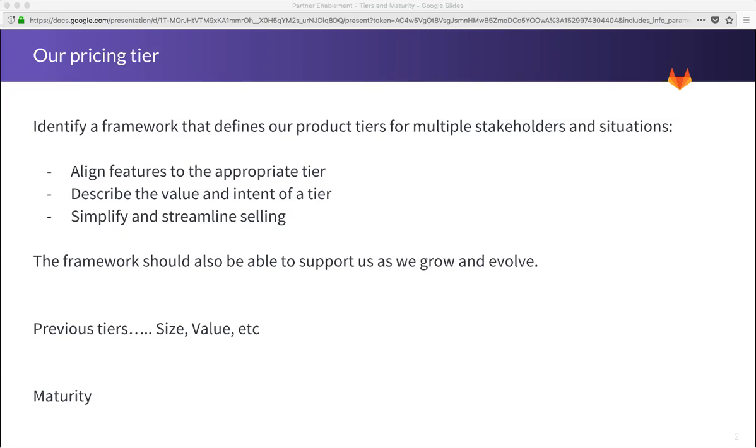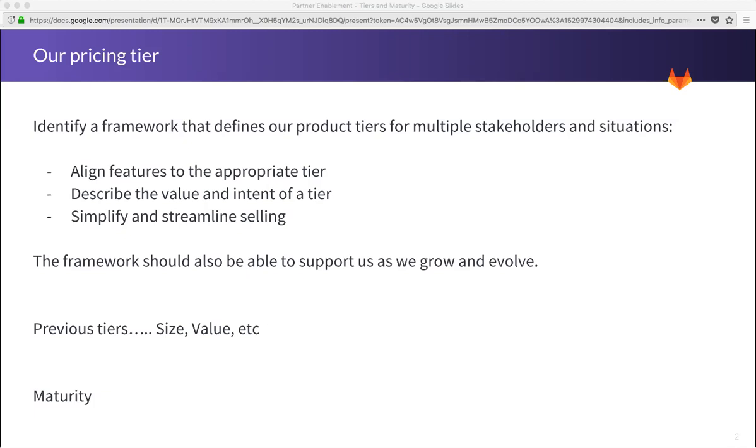It's also important that we're basing these tiers on value to the customer. So not just a bucket of features that we haphazardly threw in there, deciding this looks good there, this looks good there, but that there's a logic behind those tier choices.